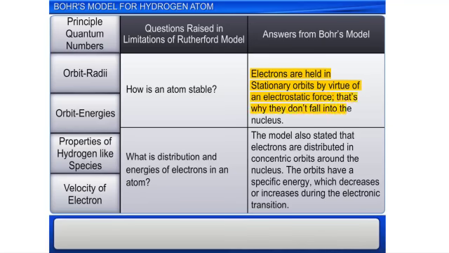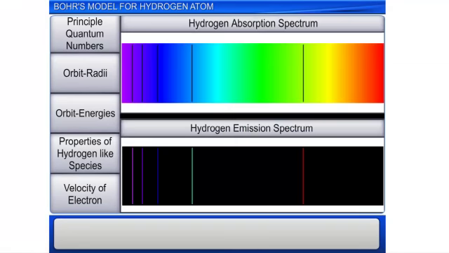That's why they don't fall into the nucleus. The model also stated that electrons are distributed in concentric orbits around the nucleus. The orbits have a specific energy, which decreases or increases during the electronic transition. In addition, it helps to quantitatively explain the emission and absorption line spectrums of hydrogen and hydrogen-like species.